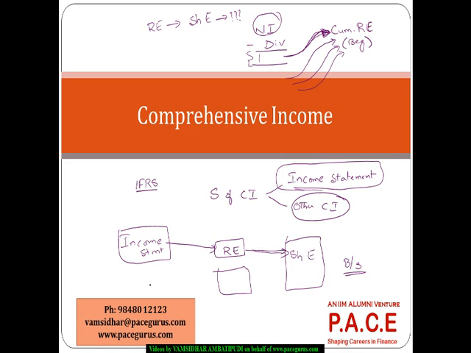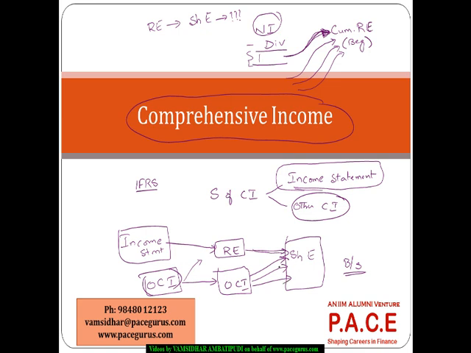But there are various other pieces, other comprehensive income areas, which do not go through the retained earnings. So they are captured as a part of other comprehensive income, which is again a part of the statement of comprehensive income, and which goes and updates the shareholders equity.